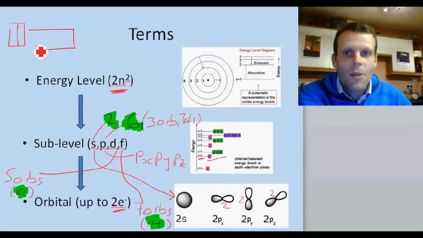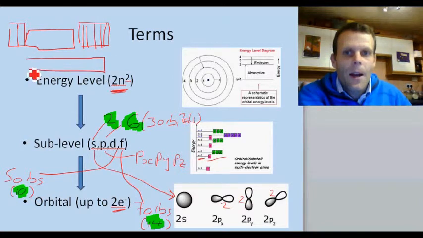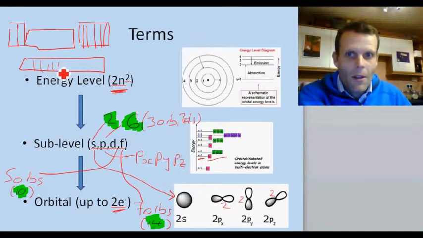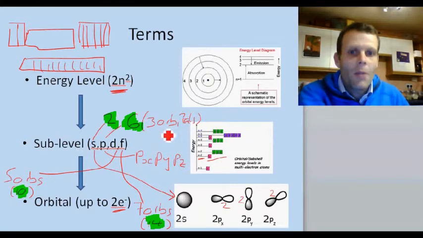Then you've got your d block, which contains 10. Then over here you've got a p block, which contains 6. And then underneath you've got an f block that has 14 in it. So you can see that the periodic table has been set up as these sublevels and orbitals are being filled up.